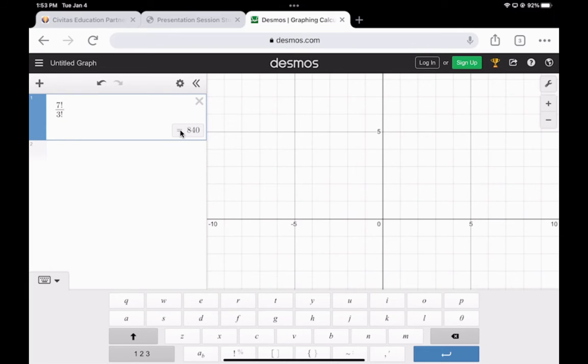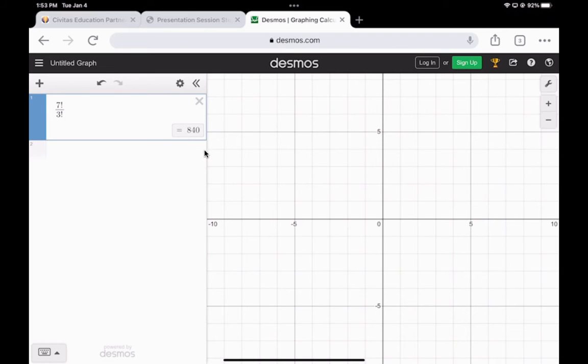So I type in exactly what I have. And then now look over here. If you look here, you see the 840 has popped up on the side. So that will give you the answer. All right, so that's another way for you to figure it out without having to use the calculator.